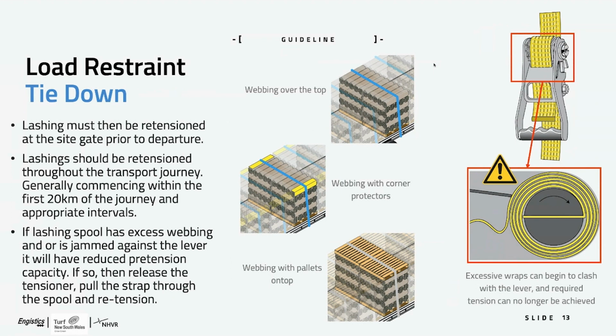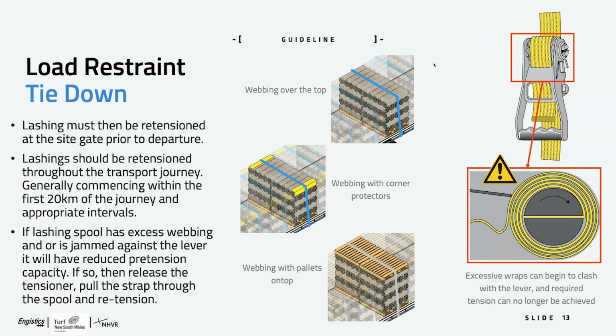One of the key things when tying down the turf pallet is, due to the amount of compressibility of the turf, you may end up in a situation, as shown in the picture on the right here, where you get excessive wraps on the ratchet as you're tensioning up, which can then jam on the tongue of the ratchet and cause it not to be able to tension any further.